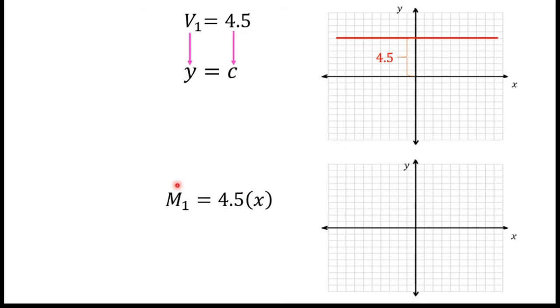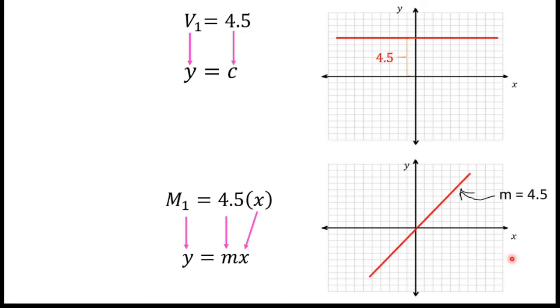This function is a y equals mx type. That means it is a straight line through the zero point, like this, and you can see m equals 4.5. That means the slope of this straight line is 4.5.